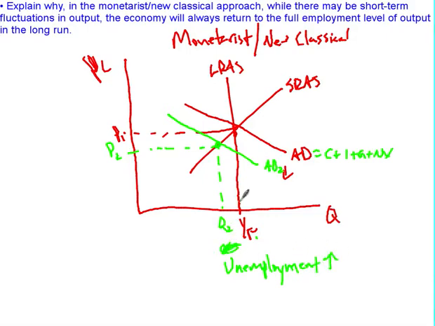All right, and so the monetarists would look at this and say, how is this situation going to correct itself? There's a couple of different ways that they would say that there's this self-correcting mechanism. The first one is that, remember, monetarists believed in wage flexibility. So if we have unemployment, that means we have a surplus of workers at the time.